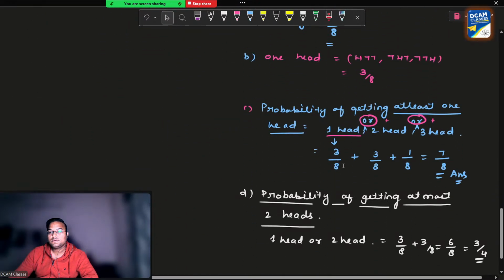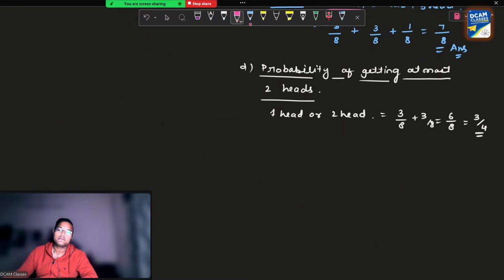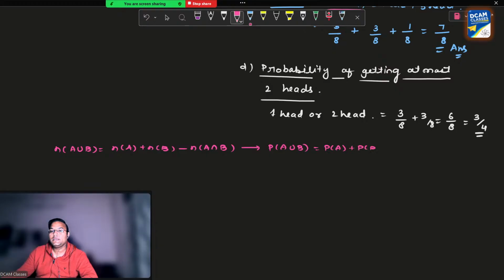Now, the formula that you apply, those Venn diagram formulas: n of A union B is equal to n of A plus n of B minus n of A intersection B. For that you can apply directly: probability of A union B is equal to probability of A plus probability of B minus probability of A intersection B.